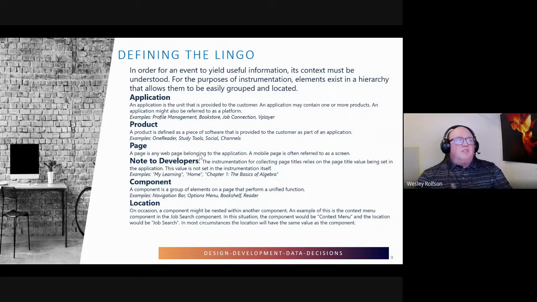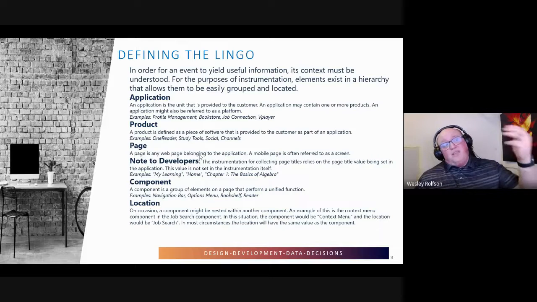And then you could go to a location, because I might use that same component or page in multiple locations throughout my big product. And I would want to be able to say, even though I'm reusing it, where was it? Because as we create an event, what we're really doing is capturing a series of data points about that event. And we want to be able to recreate either how the person navigated from the first time they went to the website till they left it, or we want to know the first place they entered.